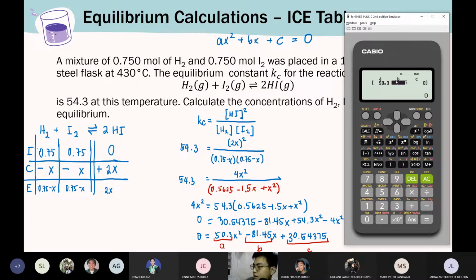And then for the B, it's negative 81.45. And then for C, that's positive 30.54375. And then confirm yung mga tinype nyo.